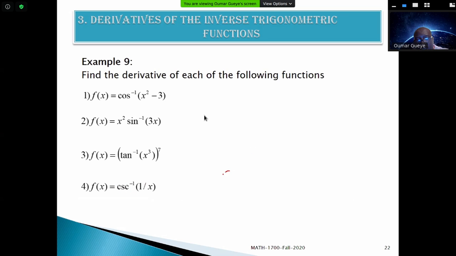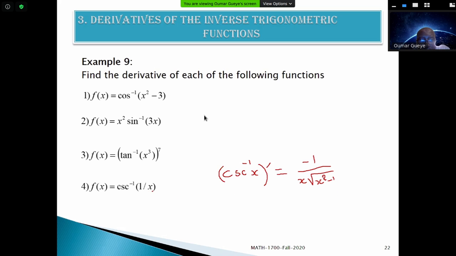And number 6 says the derivative of cosecant inverse of x, I'm going to write number 6 again, is exactly equal to -1 over x times the square root of x squared minus 1. So we have to use this formula.